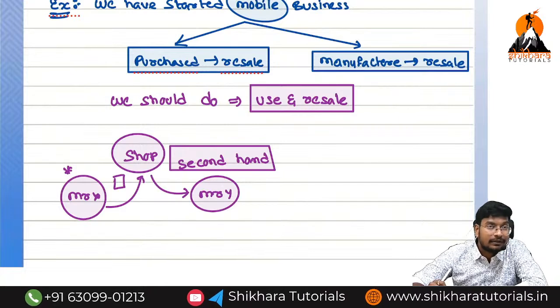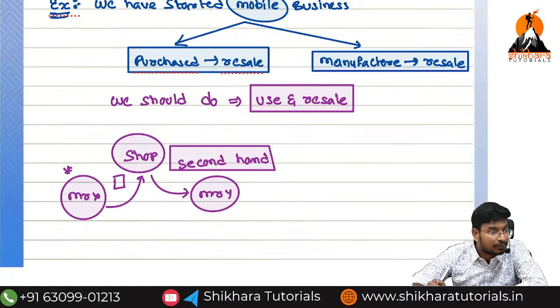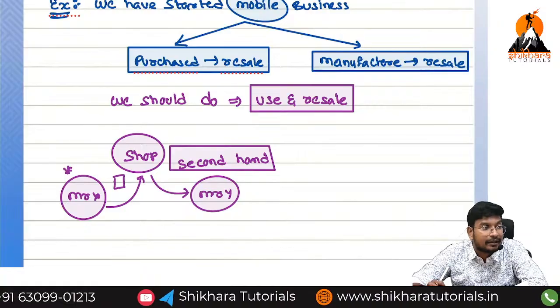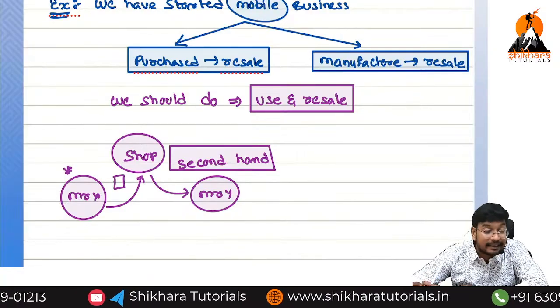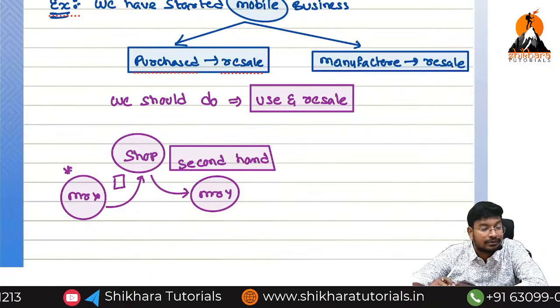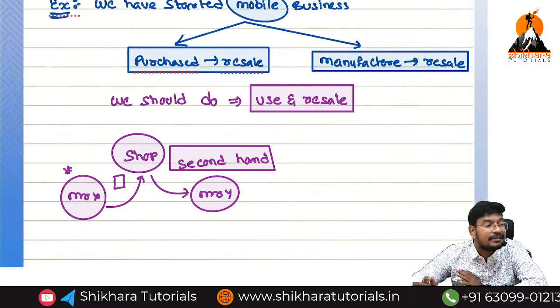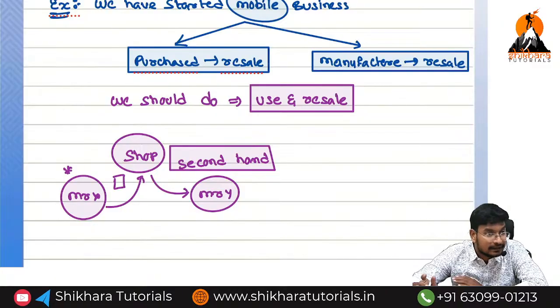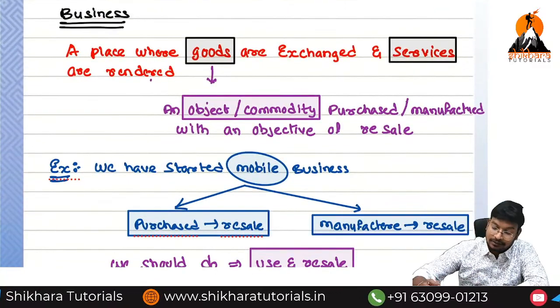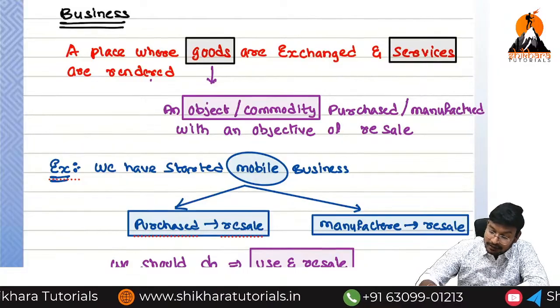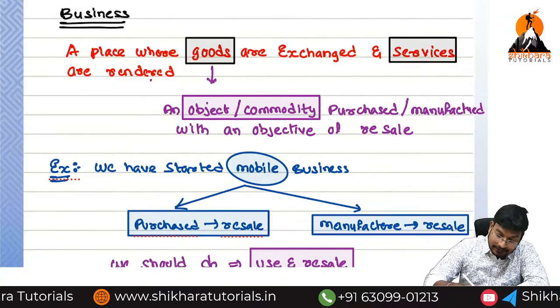In some situations we may get second hand mobiles; even if you sell second hand mobiles, they are called goods, but we should not use them in any situation. Next we are going to discuss services. We have some services oriented organizations. Can you say any examples?